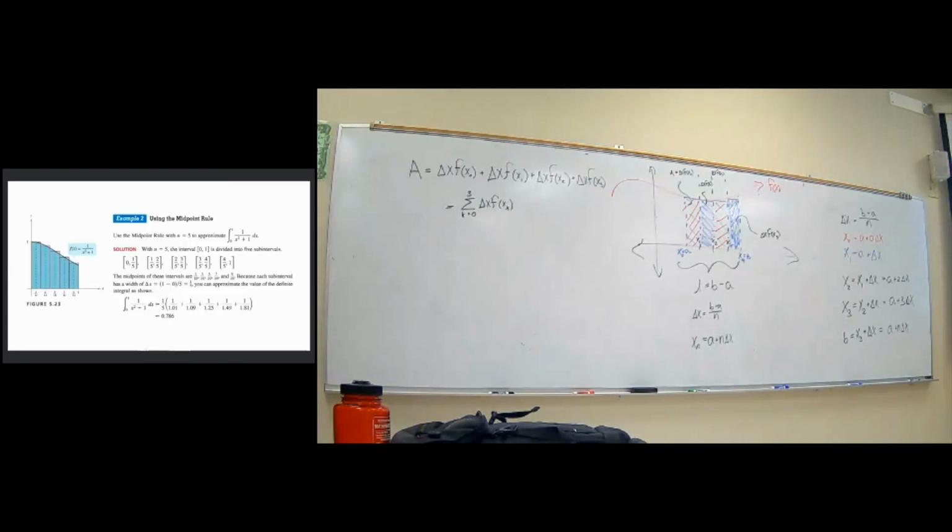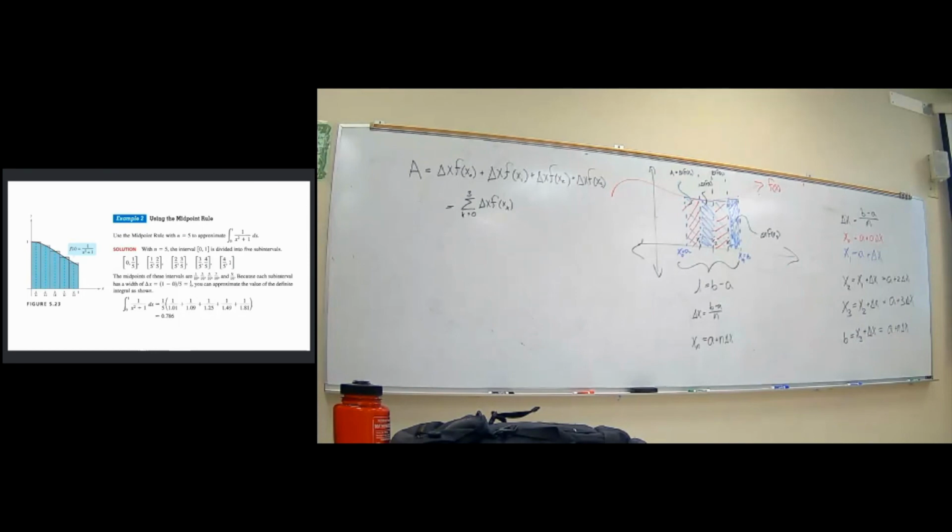Now, as another example of the midpoint rule, we could integrate from 0 to 1 the function 1/(x² + 1). We'd start off by defining what our interval is, that's 0 to 1, break it up into 5 subintervals.